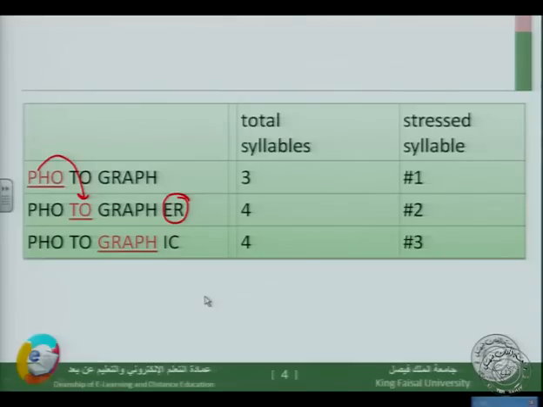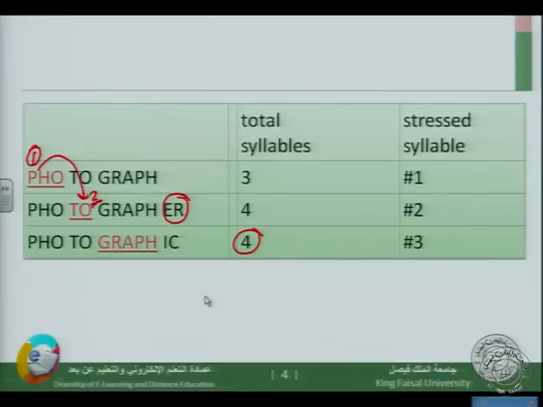For example, look at the third word now. How many syllables do we have? We have 4 syllables. And where is the stress? The stress is the underlined one. Here, the stress actually comes at the first syllable. Here it comes at the second syllable, because it has 4 syllables.